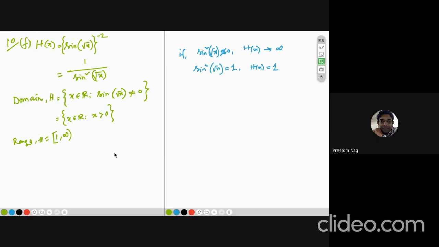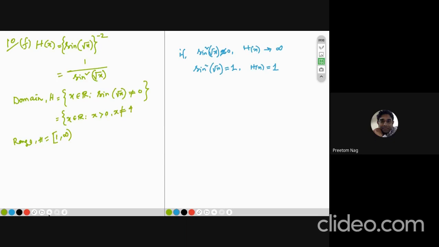So I have one more question in here. x greater than 0, that's true, but x cannot be equal to 0, I'm keeping 0 excluded.